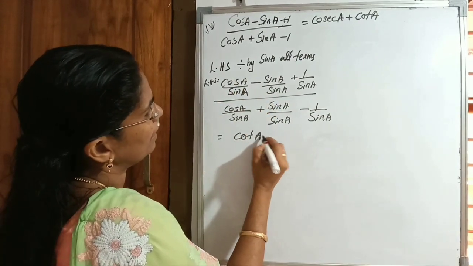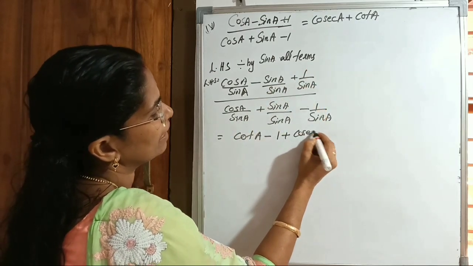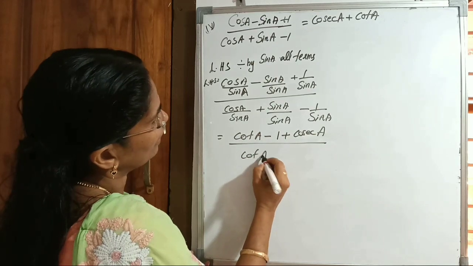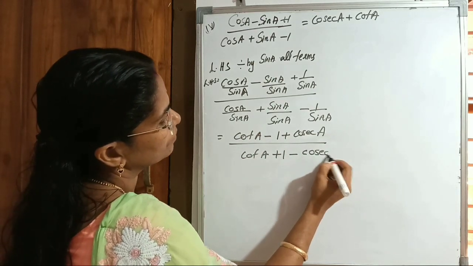It is cot A minus 1 plus 1 by sin A is cosec A, whole divided by, again it becomes cot A plus 1 minus cosec A.